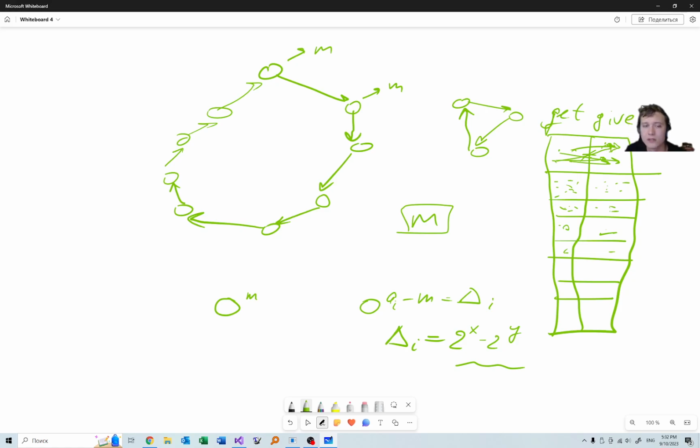So we need to form several cycles, and in each cycle it should always be a non-negative number of candies for each person. For example, if we have several people with 2 candies, and each person should give 10 candies to the next person, then it is impossible to perform such a cycle. We need someone to start with, and after that we can complete the cycle.